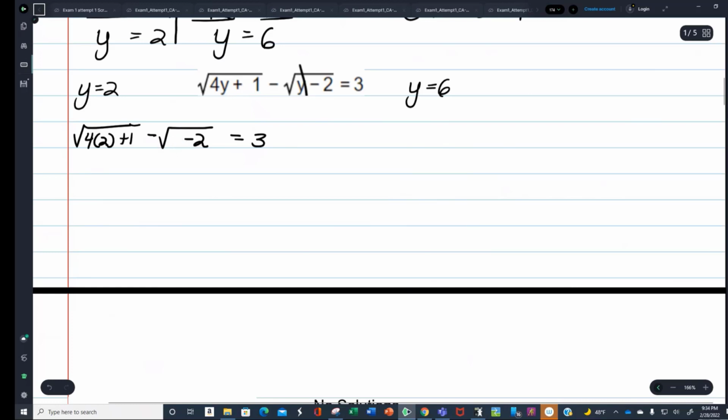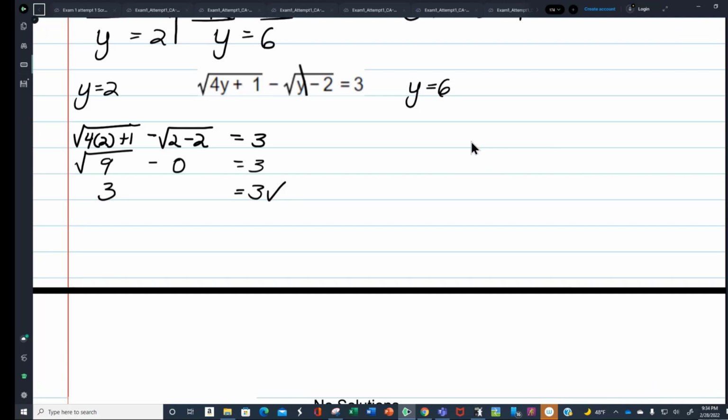Okay. 2. So this is the square root of 8 plus 1, which is 9, minus the square root of 0, which is 0, equals 3. The square root of 9 is 3, equals 3. That checks. Now let's come over here.